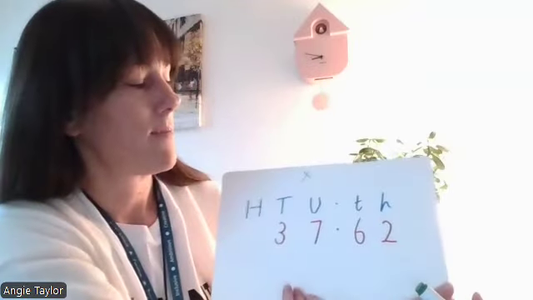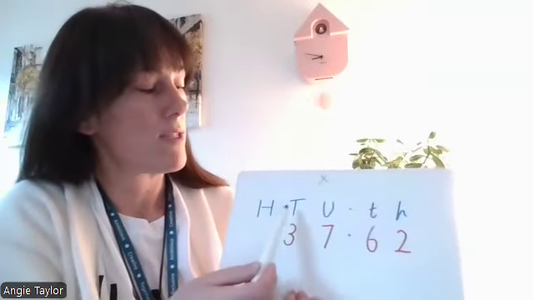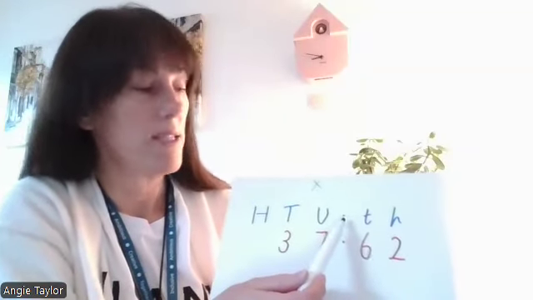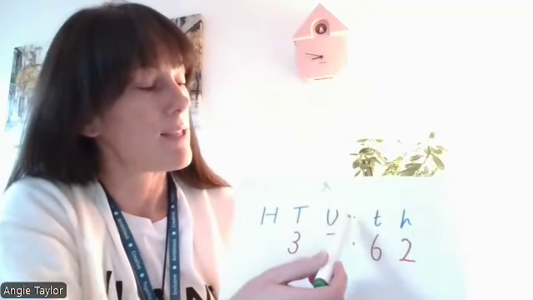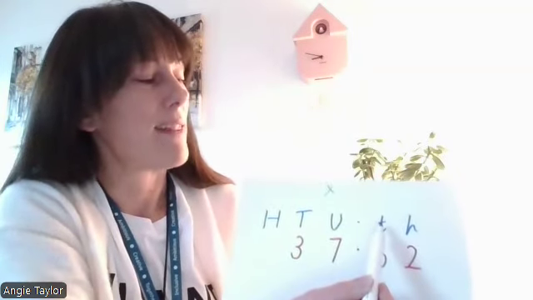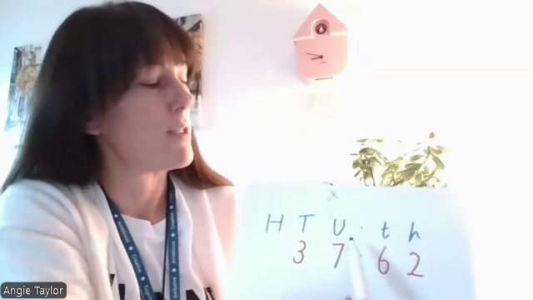So if I show you my board that I've prepared first, we've got our hundreds, tens, units columns, then the decimal point, followed by the tenths column and hundredths column. The decimal point always stays in this position between the units, or the ones column as it's now known, and the tenths on the other side of the decimal point.